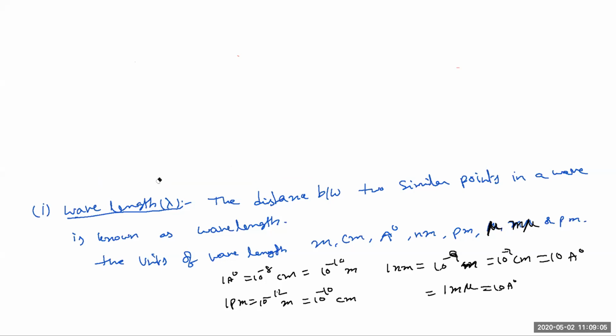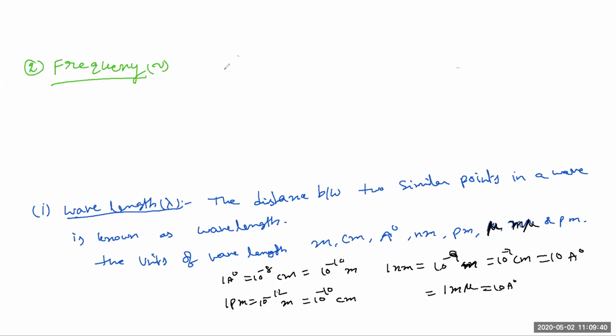Take now: the second one is the frequency. It is represented as nu. What is meant by frequency? That is the number of times a wave changes its direction in a second. The number of waves passing through a point in 1 second is known as frequency.